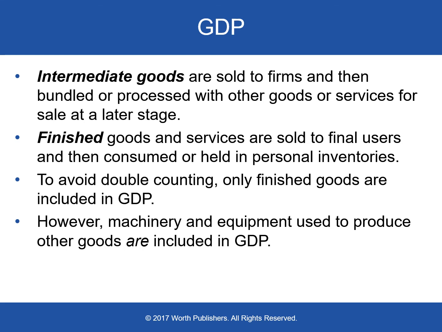We don't care. The good was produced during a particular year. It employed people when the production occurred. If the final user buys a new car and doesn't actually drive it, that doesn't matter. It was that the final sale occurred. So hence, only finished goods are included in GDP. And as I mentioned before, machinery and equipment used to produce other goods are included in GDP directly. Think of that as just an accounting rule.